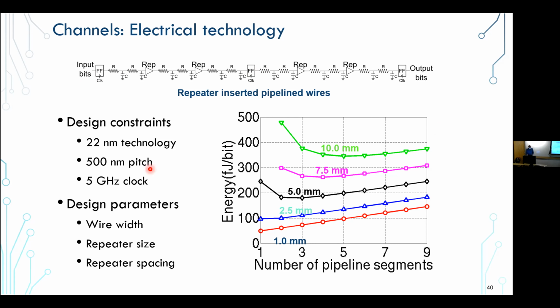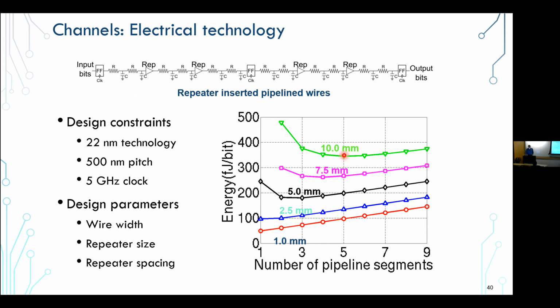There are some examples that we played with that show you, okay, to traverse a distance of a millimeter or 10 millimeters, you have a number of pipeline segments you want to go through, and basically your energy increases. If you look at, let's say, a 10 millimeter distance, you're essentially optimal somewhere around 5 pipeline segments.